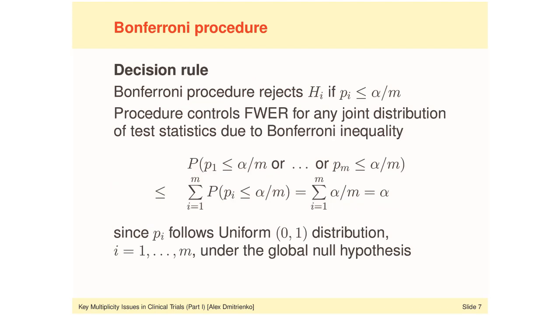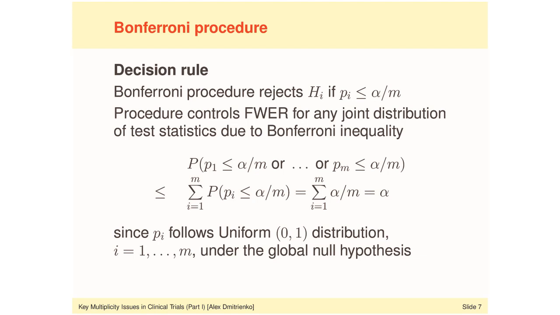As we said in Module A, the basic idea behind any multiplicity adjustment is to keep the error rate, the family-wise error rate, at a pre-specified level. For example, at a one-sided alpha of 0.025, and this is accomplished by introducing more restrictive individual significance levels for the individual null hypotheses.